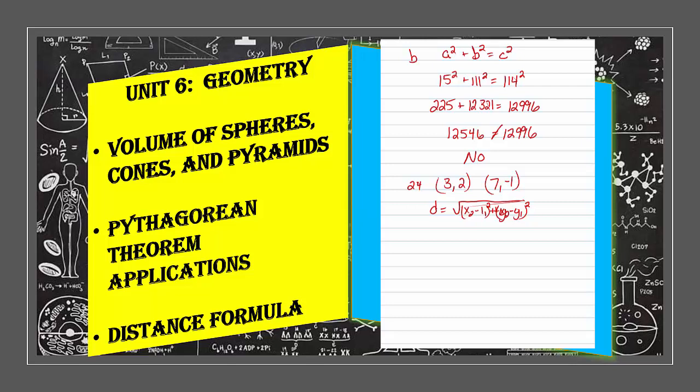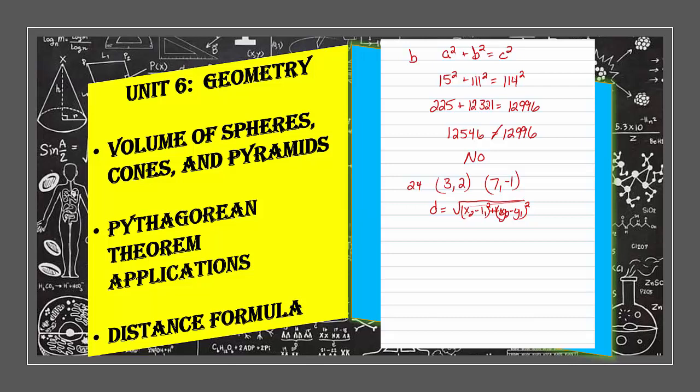Now, we should remember the distance formula is an application of the Pythagorean theorem. This is basically my (x2 minus x1) squared is my a squared. My (y2 minus y1) squared is my b squared. And since they're taking the whole square root of that, that means we originally had d squared, which would typically be our c squared.